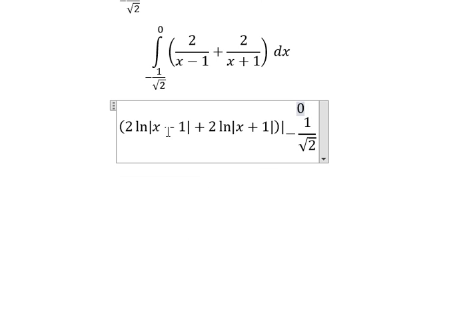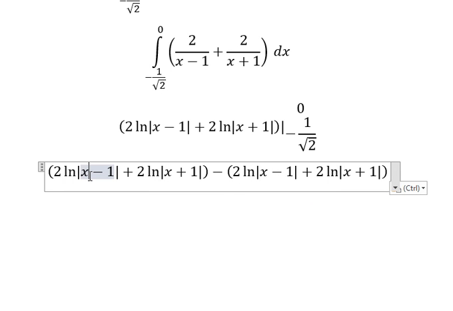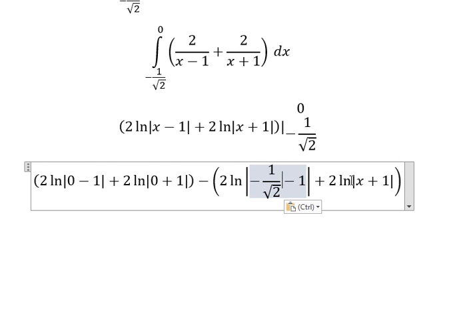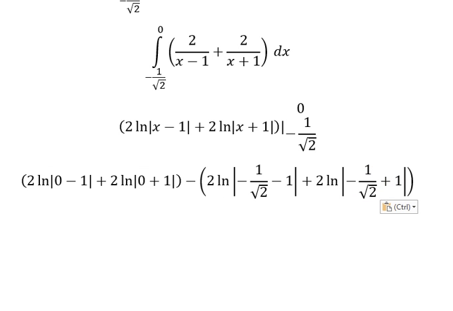So we put the value in here. We will have 2 ln 2.